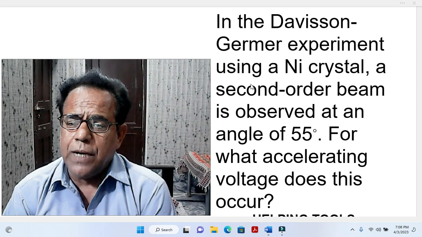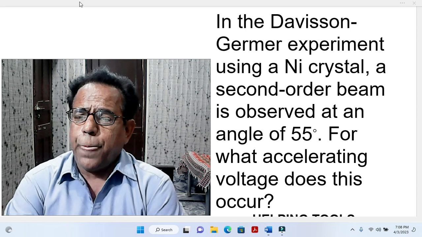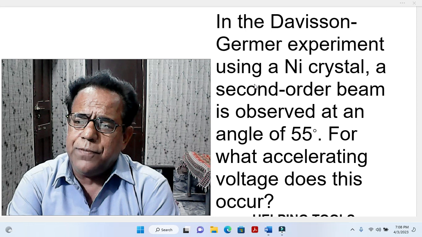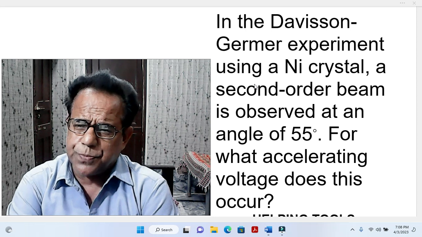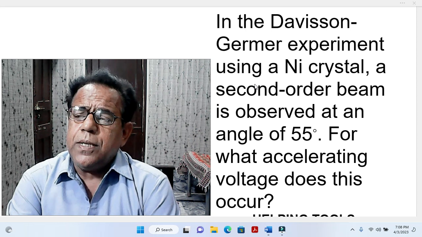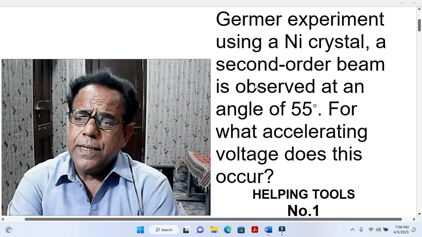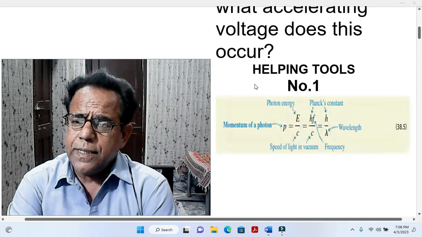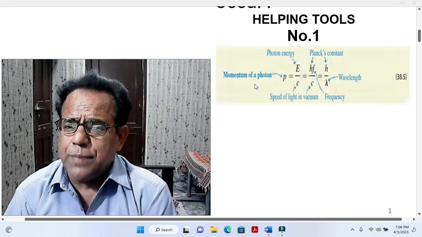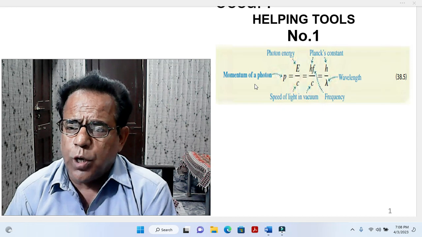We have to find out voltage. For this purpose we must have some background about Davisson-Germer experiment. Let us first come to helping tools, then we will explain. First tool has been taken many times, in which momentum of a photon is defined.